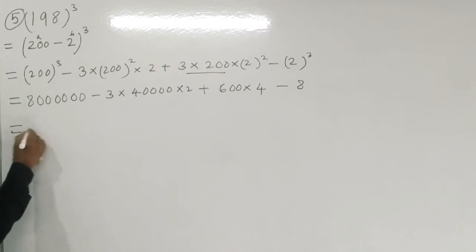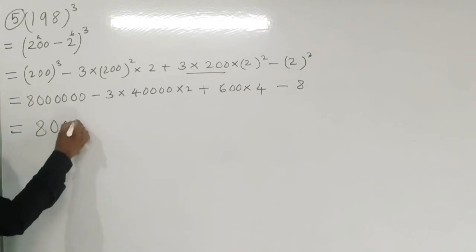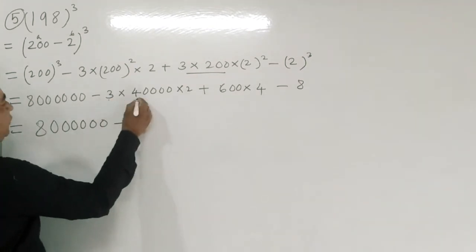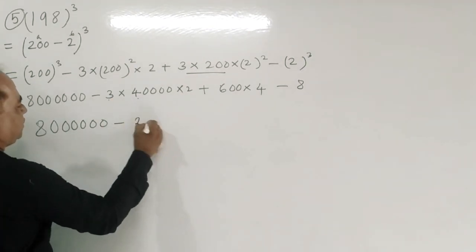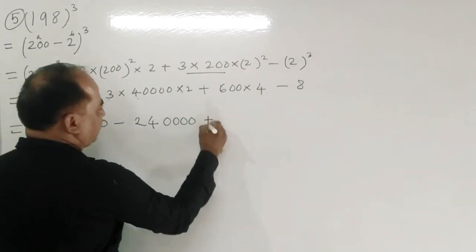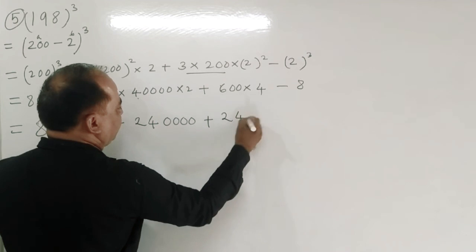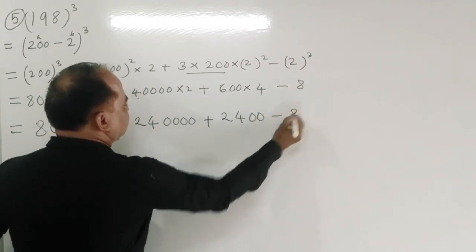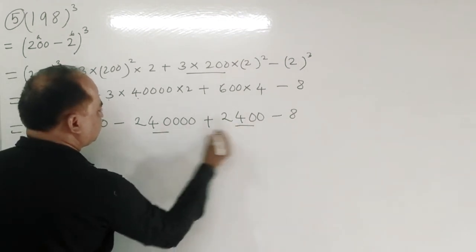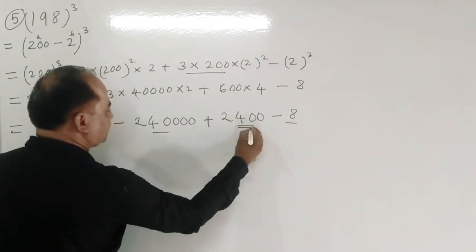It is equal to 8,000,000 minus 3 4s are 12, 12 2s are 24, plus 6 4s are 2400, minus 8. Now bring these two together and these two together.